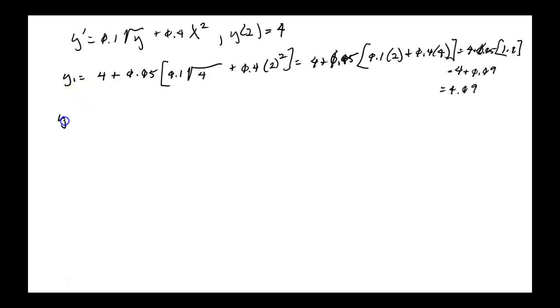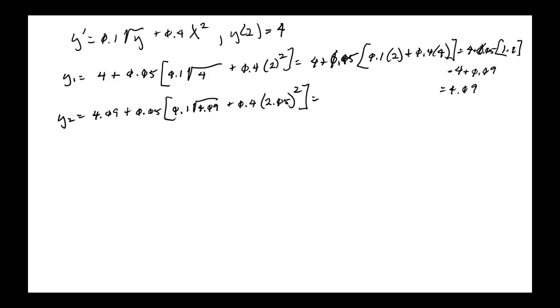So our y2 is going to equal 4.09, and by the way, that's what they got there too. 4.09 plus 0.05 times 0.1 times square root of 4.09 plus 0.4 times 2.05 squared. Okay? See what that gives you.